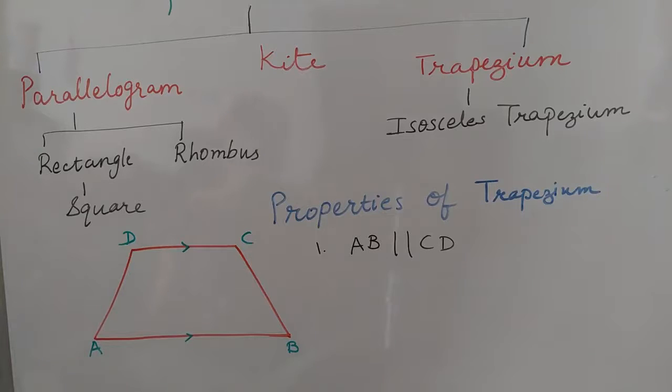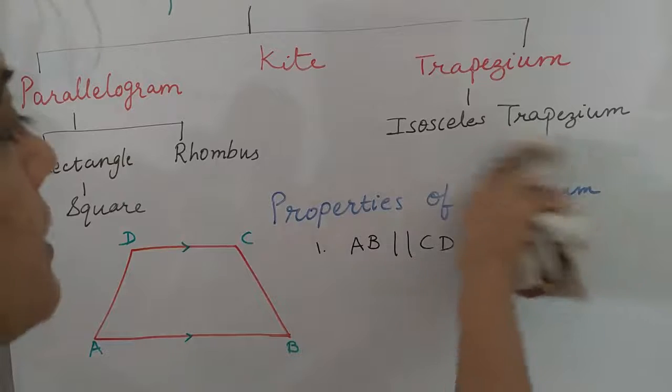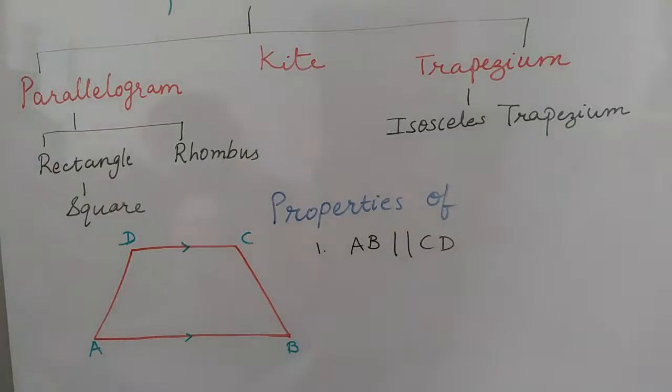Now we will see the isosceles trapezium. So now I change here. The trapezium figure will be the same, but instead of trapezium we will learn about isosceles trapezium. So here we change our name from trapezium to isosceles trapezium.